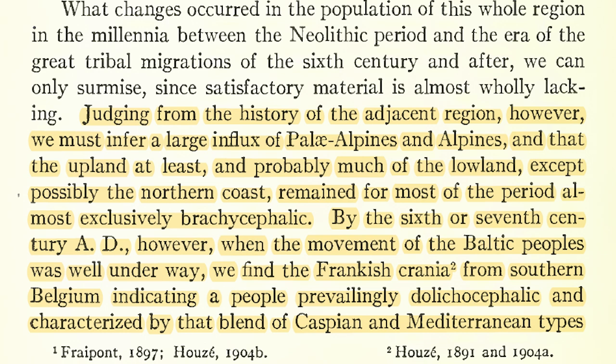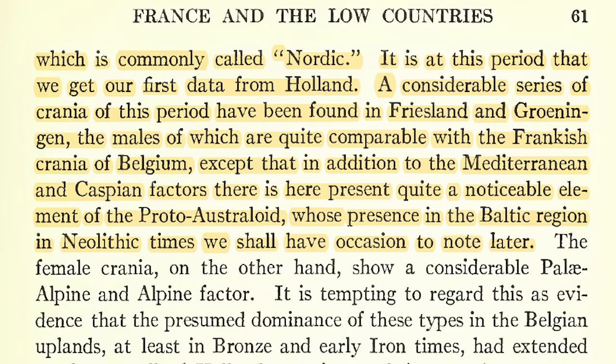By the 6th or 7th century AD, however, when the movement of the Baltic peoples was well underway, we find the Frankish crania from southern Belgium indicating a people prevalently dolichocephalic and characterized by that blend of Caspian and Mediterranean types, which is commonly called Nordic.